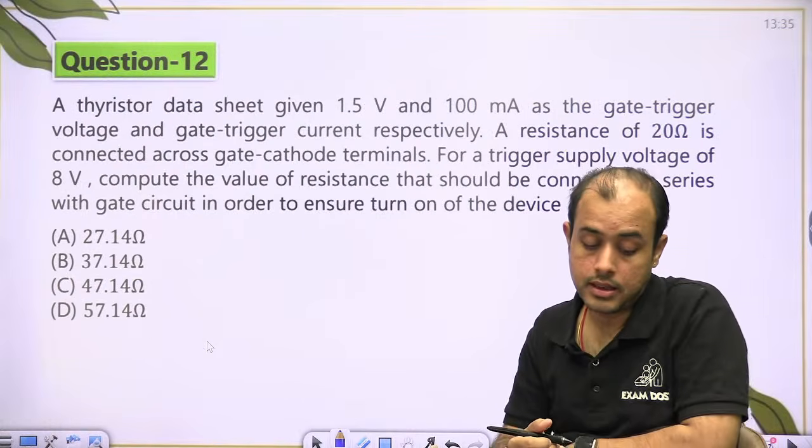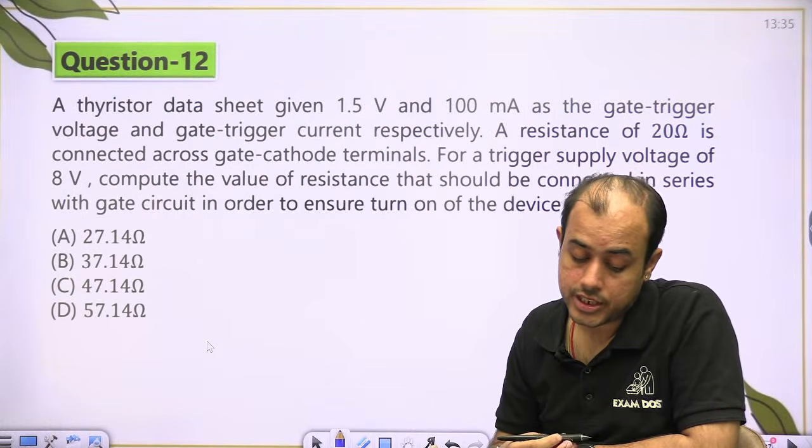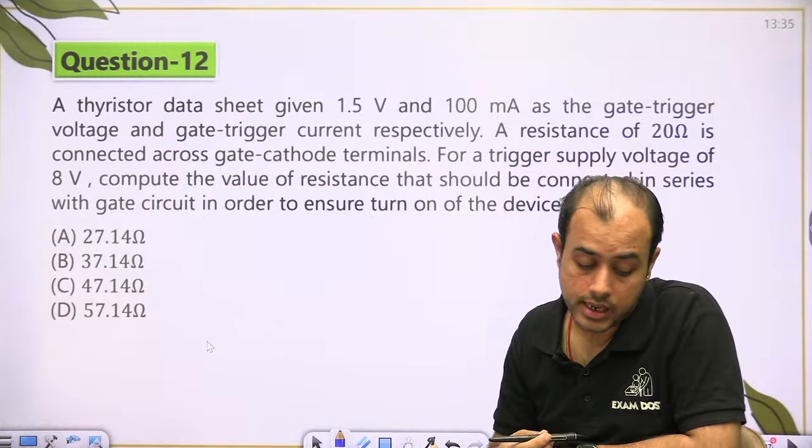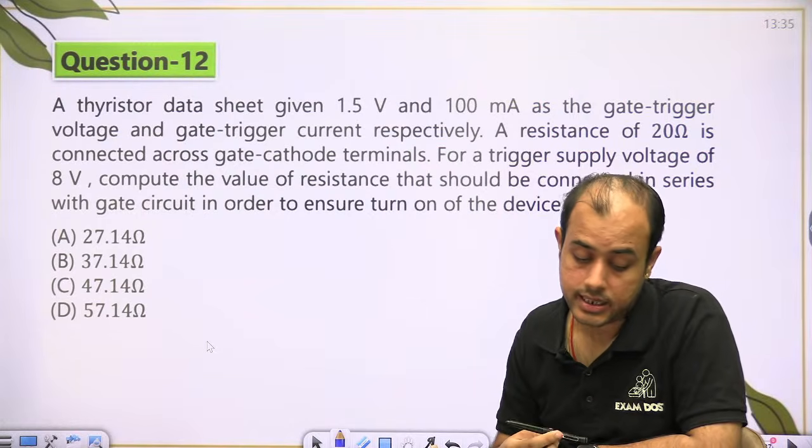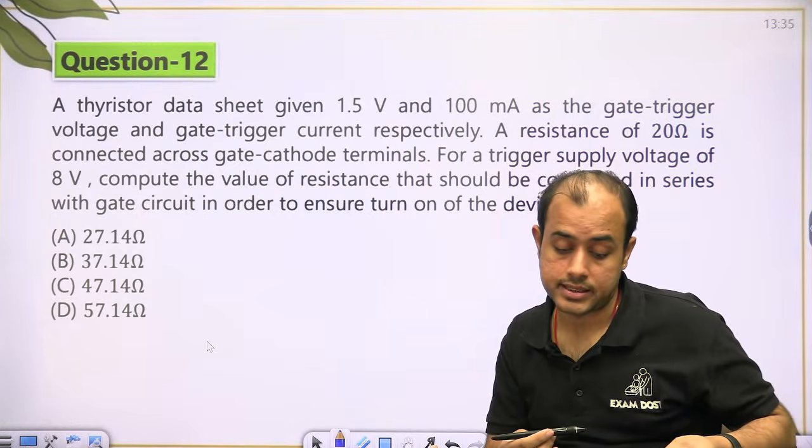Okay. A thyristor data sheet is given as 1.5 volt 100 milliampere as gate trigger voltage and current. R is connected.